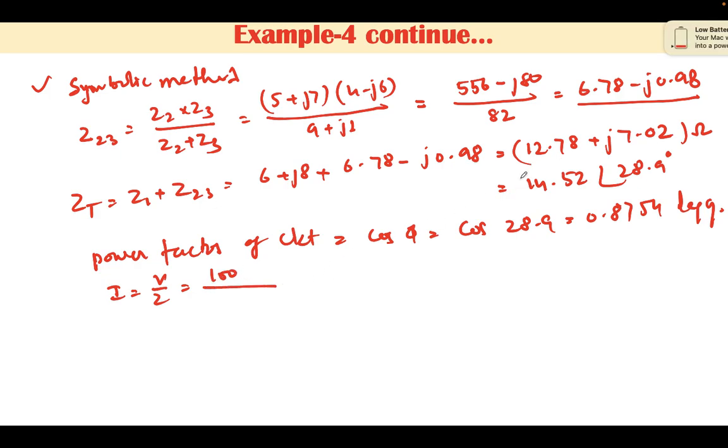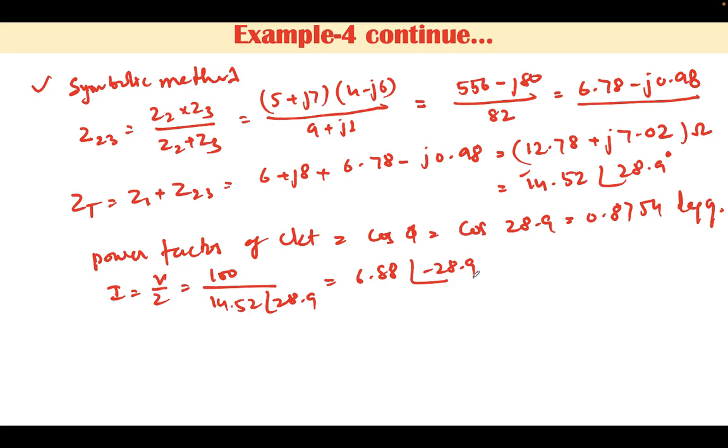Z is 14.52 angle of 28.9, which gives I equal to 6.88 angle of minus 28.9.